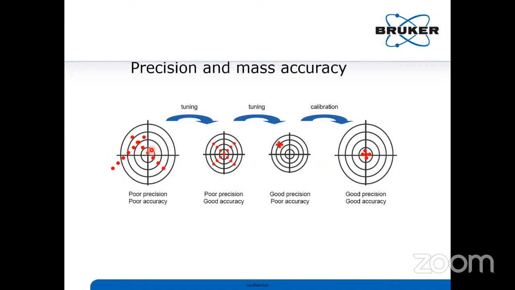If you are doing without calibration and all, you may get poor precision and poor accuracy. Accuracy is nothing but how close the theoretical mass is to your experimental mass. Precision is nothing but reproducibility. How many times you are doing, you should get same result. Here you are not getting precision, and accuracy also you are not getting.